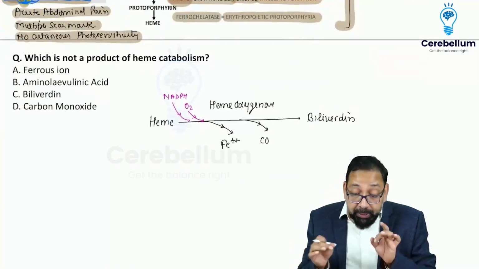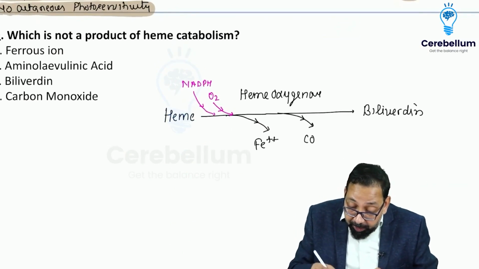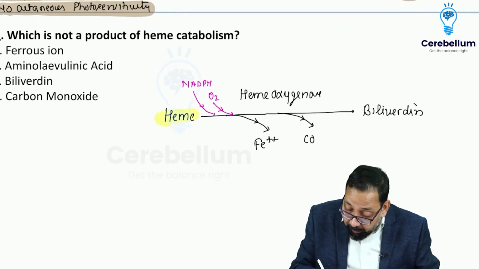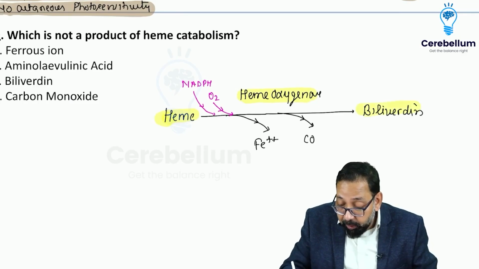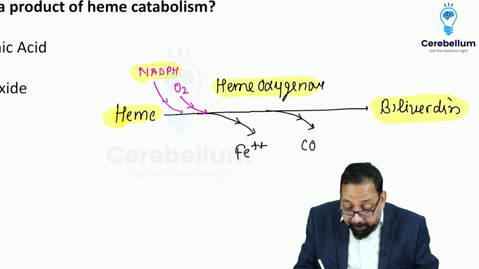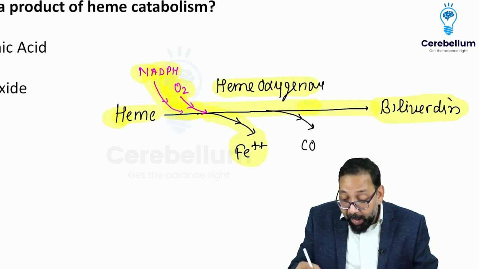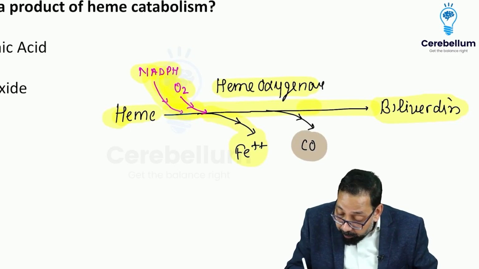Now we come to heme catabolism. When heme is catabolized, heme is converted to biliverdin. In this, NADPH and O2 join heme and produce biliverdin, ferrous ion, and carbon monoxide.